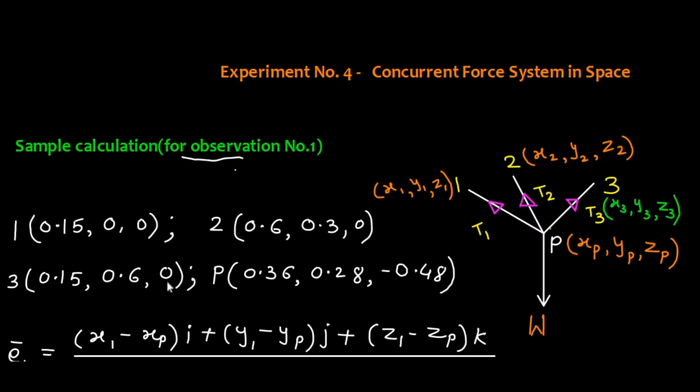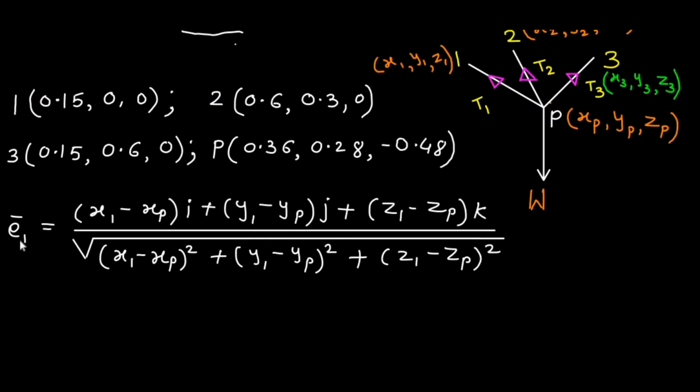As we have discussed how to find out the unit vector along any given line, here we are considering along this line the unit vector as E1, over here the unit vector as E2, and here the unit vector as E3.